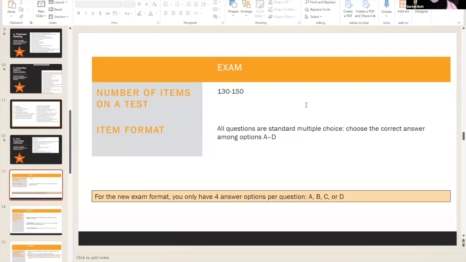Now, the exam itself consists of 130 to 150 questions. All questions are multiple choice, A, B, C, or D. Only one correct answer. So you might say, well, if I don't know the answer and guess, well, heck, you have a 25% chance. And unlike the old format, there's no points taken off when you pick a wrong answer.